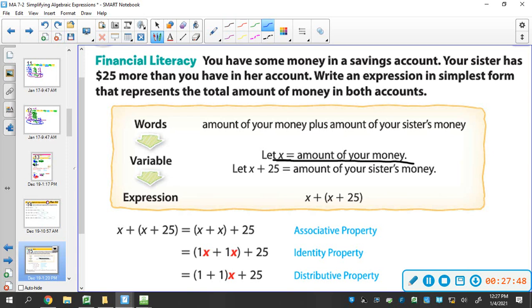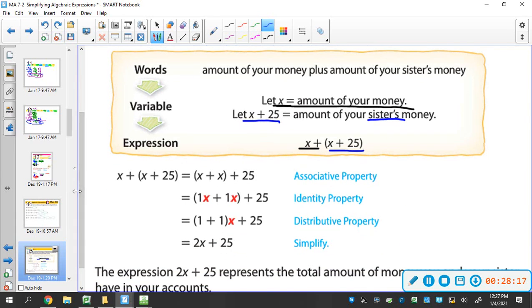And since it said that your sister has 25 more than you, that means we're going to take our money plus 25 to represent your sister's amount of money. Since we want the total amount, that means we have to add. This is like the very first real-world link problem we did. So we have my money here plus my sister's money. Okay? And you have to figure out which parts are your like terms.